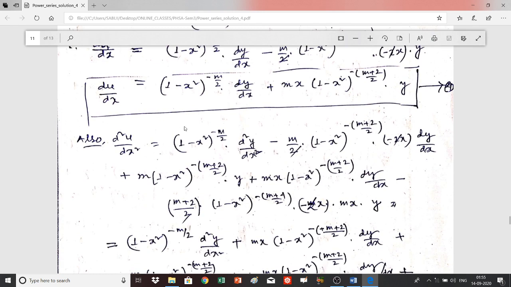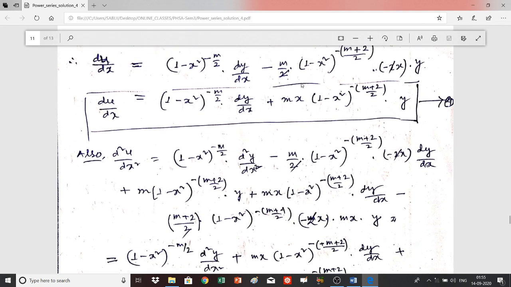And also d2u by dx squared is equal to, you have to differentiate this term. For the first term, you take (1 minus x squared) to the power minus m by 2 as constant, and then differentiate to get d2y by dx squared. Then for the term, the first term, that is equal to minus m by 2 (1 minus x squared) to the power minus (m plus 2) by 2 into minus 2x into dy by dx, which is constant here.